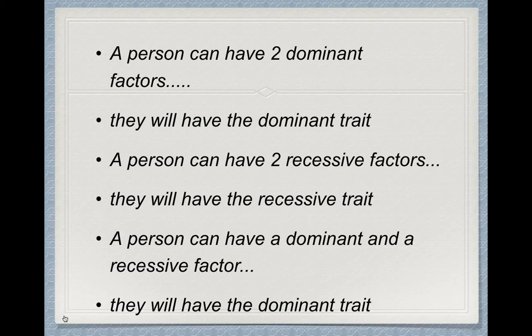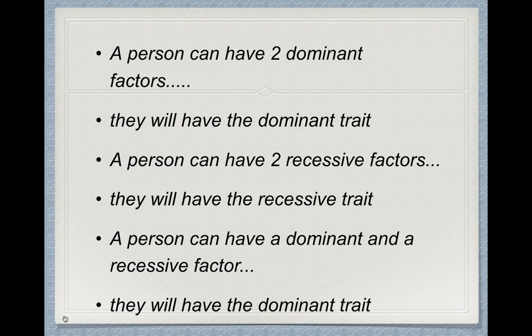But now we moved on to Mendel's second generation. So he crossed the tall pea plants with the tall pea plants, but those tall pea plants each had two factors for height. They each had a dominant factor and a recessive factor, which meant that depending on which factor the pea plant passed along, that new offspring could have two dominant factors, so they would be tall.